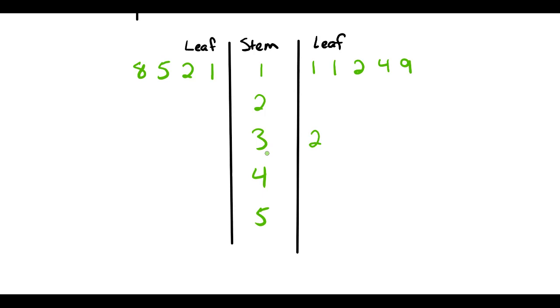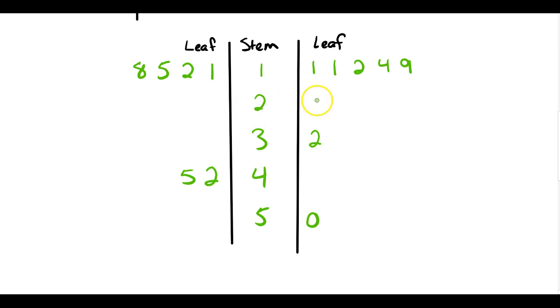So even if I don't have any 20s and I have a 30, I'm going to put that 2 in there. And I may not have any 40s over here, but I may have a 42 and a 45 on the left side, and then I may only have a 50 on the right side. Notice I did not skip that 2. I can't leave it out.